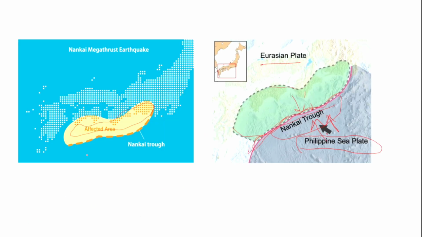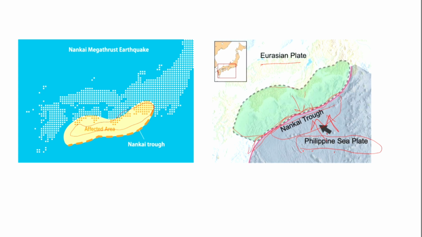So we have discussed the Nankai Trough and why it is created: because of the subduction zone where the Eurasian plate and the Philippine plate collide. The Philippine plate subducts below the Eurasian plate. The Philippine plate is denser because it is made up of oceanic crust, and the Eurasian plate is a continent made up of continental crust.